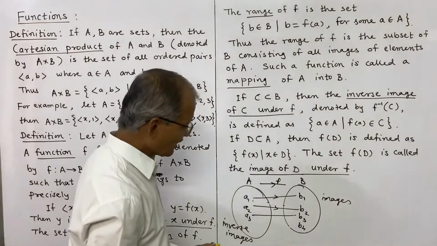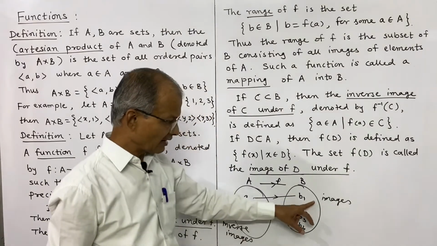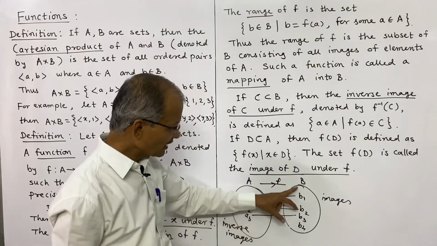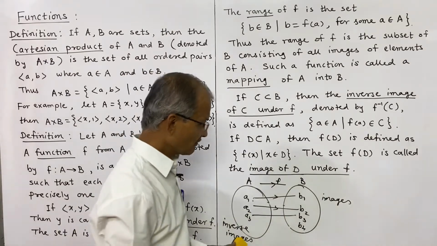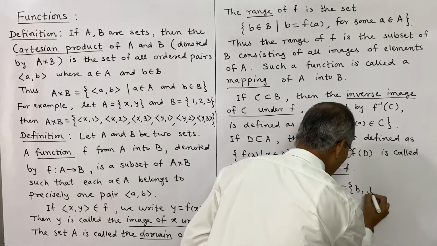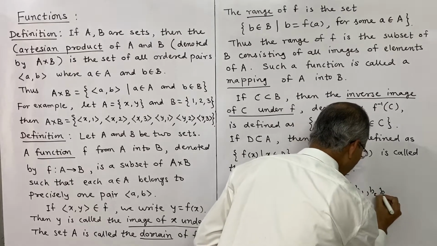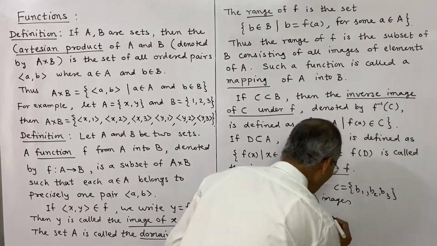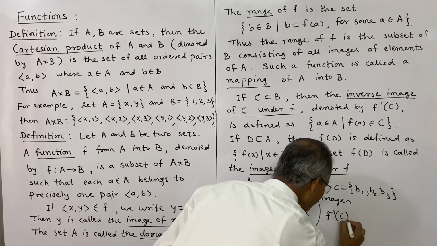So if you consider the set C as b1, b2, b3, then what will be f inverse of C?